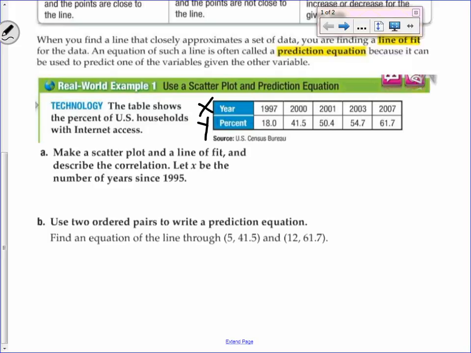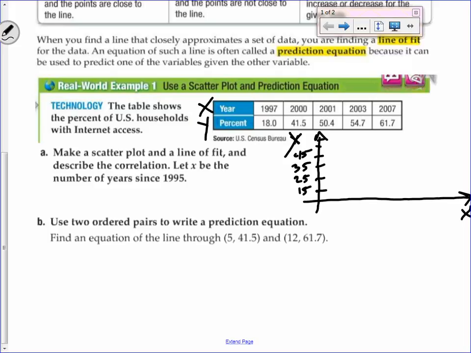So we've got to make a coordinate plane here. This is our x-axis, and this is our y-axis. It looks like we need to start at about 15%. We go up 10 each time: 35, 45, 55, and 65.